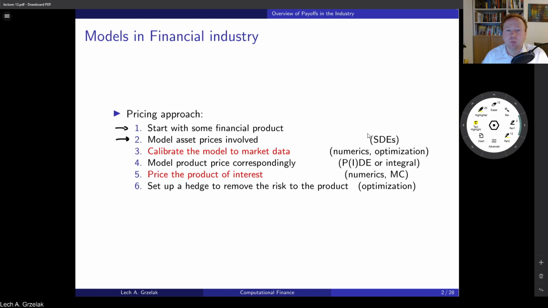This was already stressed multiple times: depending on the payoff, if you understand well what the payoff is, what type of risks are there and how to hedge it, so if you perform proper hedging, then you will have a good feeling first for what stochastic differential equations to choose to model it, and of course, how to perform the calibration and hedging. What are the hedging instruments that are necessary to reduce the risks?